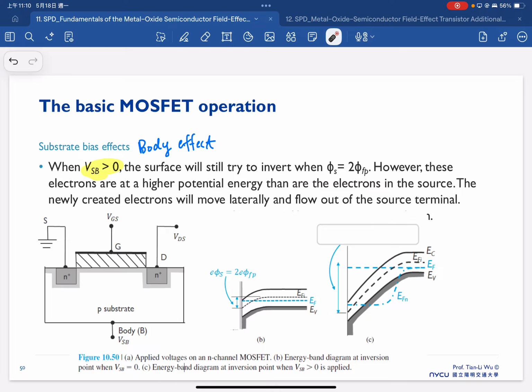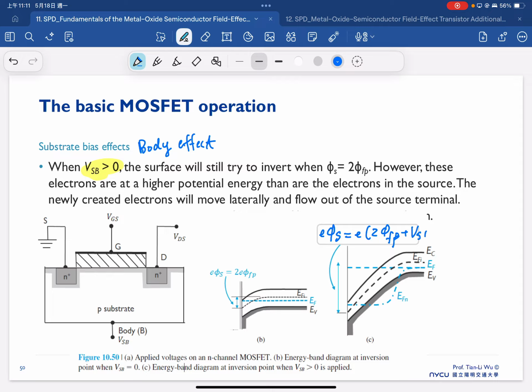So once we have the additional substrate bias, in the end, we have to consider the band diagram as shown here. Then the surface potential is not exactly equal to 2 phi F anymore, which is equal to phi s equals 2 phi F plus the additional substrate bias VSB here.